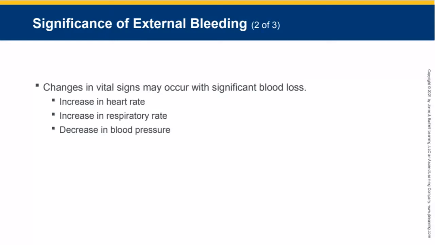If the blood pressure falls or starts to drop, or perfusion to the core organs is interrupted, the first thing the body does is constrict the arteries and increase the pulse rate or heart rate. That's the first thing the body does when there is a drop in blood volume.